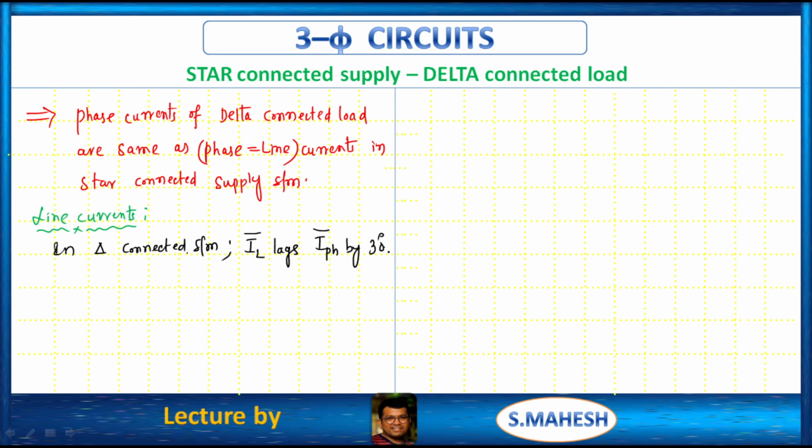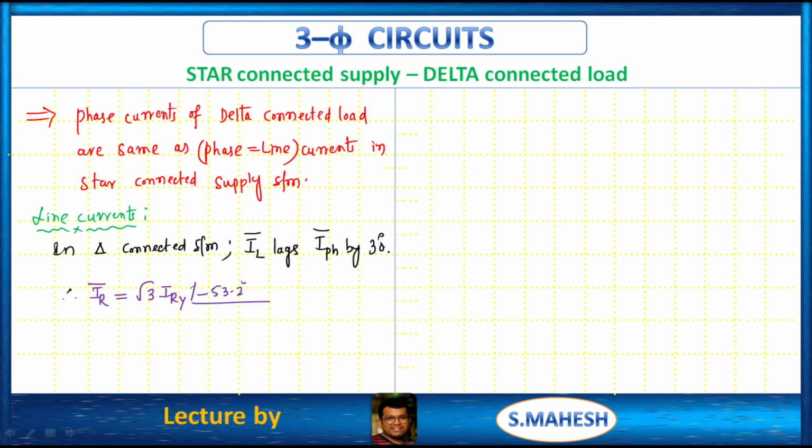Therefore, in case of delta, IR, which is the line current, equals root 3 times IRY. IL equals root 3 I phase, which is equal to IRY is what?